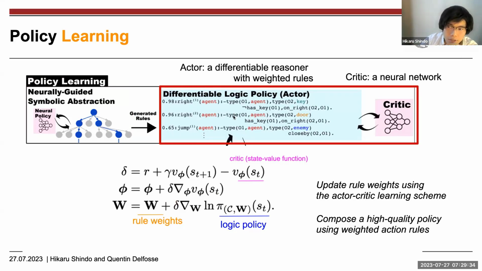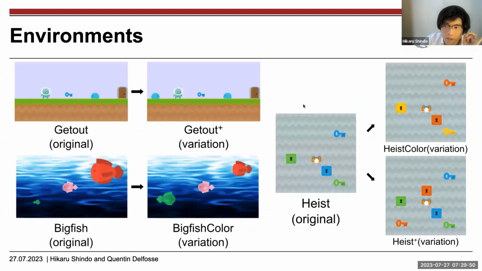In the end, we have a policy function as a set of weighted rules, and only important rules will have large weights. And that's how we compose the policy reasoning and the policy learning in general. And for experiments, Quentin can take over. Yeah.